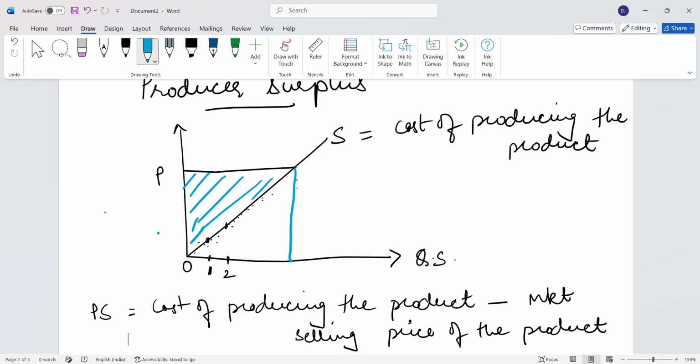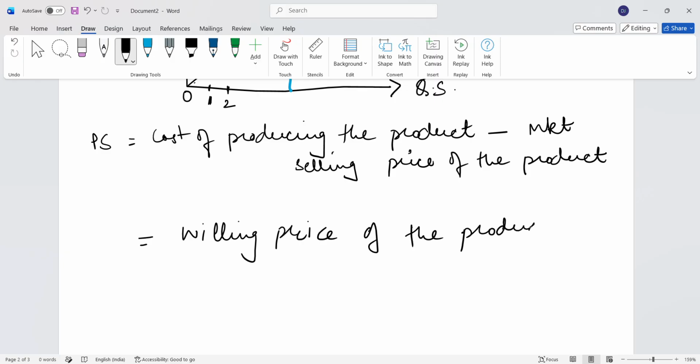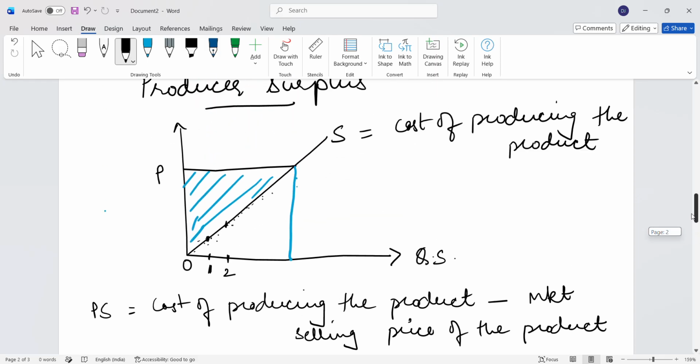All right. Or you can also say, just like we did in demand, that it's the difference between the willing price of the producer to sell minus, so hang on, it would actually be the other way around.